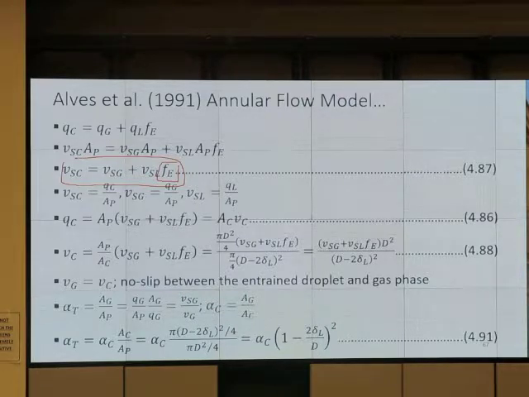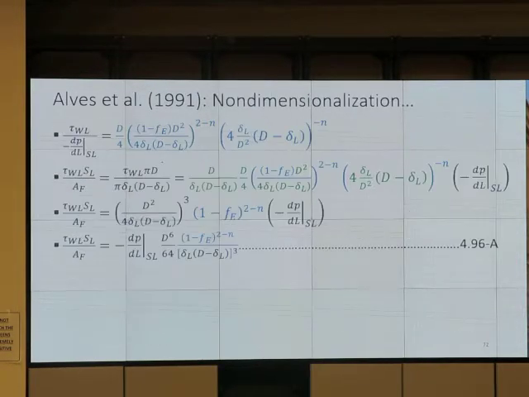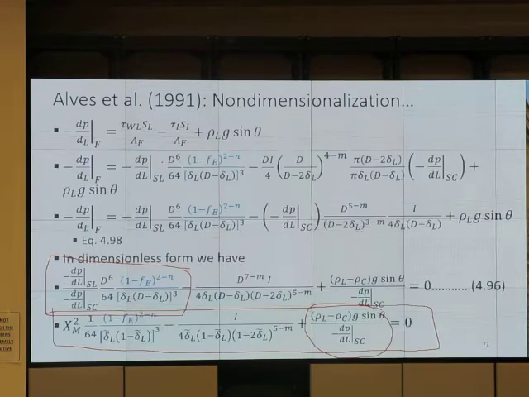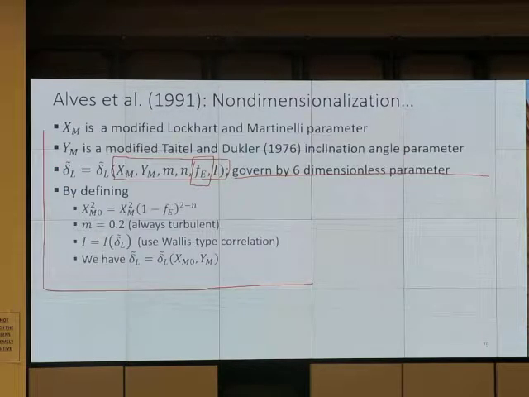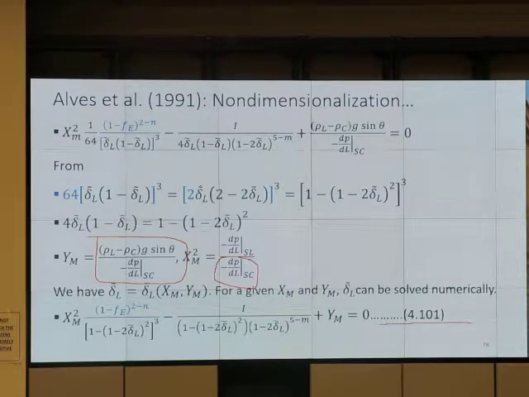Then you can calculate the minus dp/dl sub SC, and X_m. You can also calculate Y_m. In theory, when you do it, it's a little bit long. And guess what? For Thanksgiving, I think you are going to do this. The same suffering and pain that I have been through.